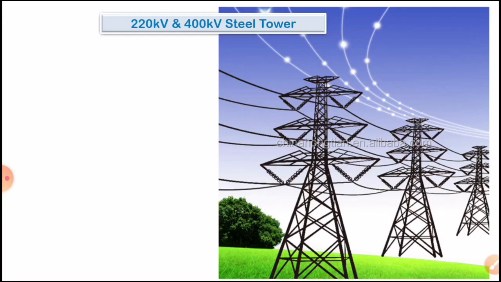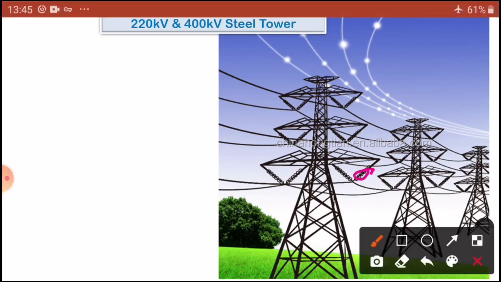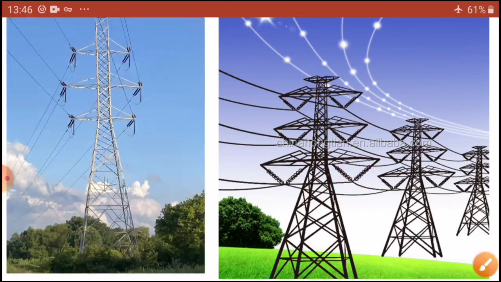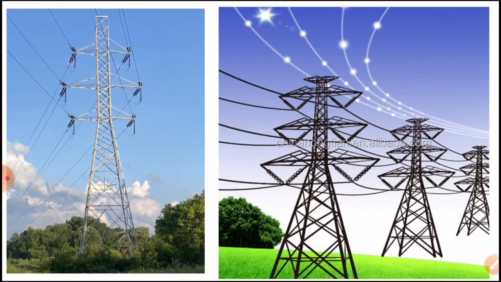This is a 400 kV steel tower with double strings, string 1 and string 2. Double strings are used for the conductors, maybe double conductors, quad conductors also. But it is not in our syllabus, dear students. We have only this 220 kV tower. These are the towers, dear students. In a similar way, you draw all the remaining figures.